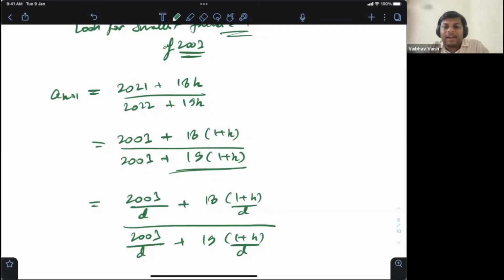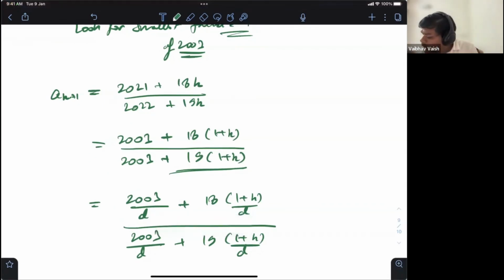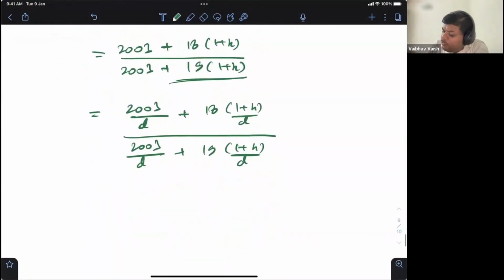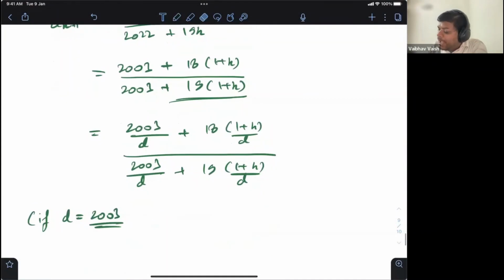Let's try to come to this solution. Yeah, what do I do now? So if D is indeed 2003, as you say, right? Then, oh, by the way, so this is the point.